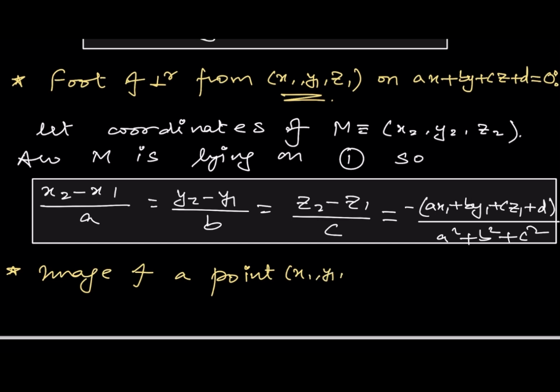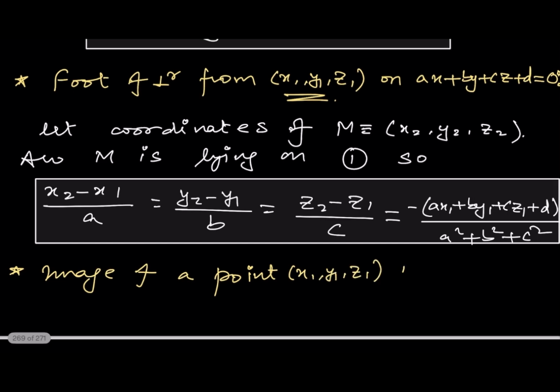x1, y1, z1 with respect to ax plus by plus cz plus t is equal to 0, right?